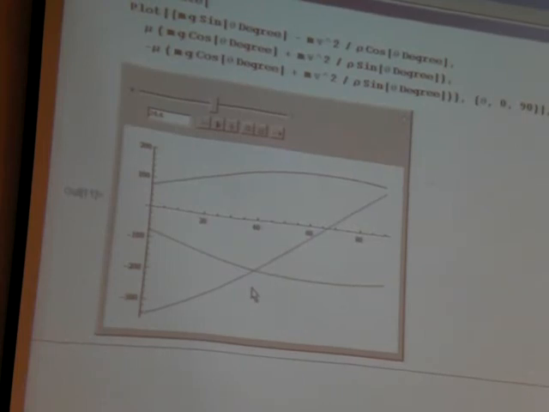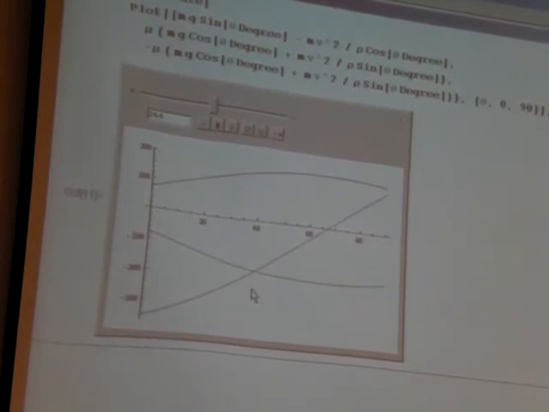Why is the blue line changing shape? It's because it is a friction force and it depends on the velocity. It's like a parabola, V squared. So if V changes value, the curve has to change, because the friction force depends on the velocity.